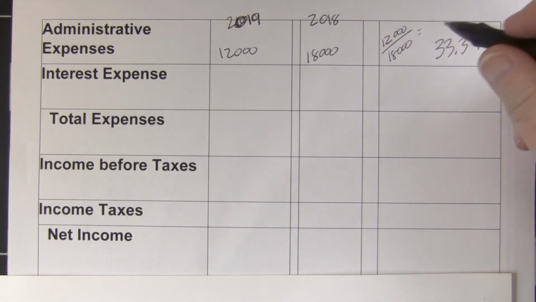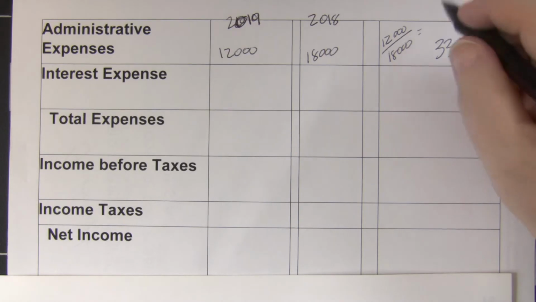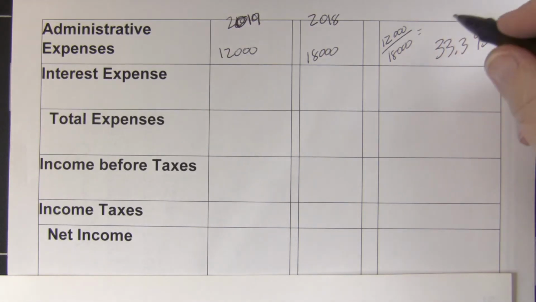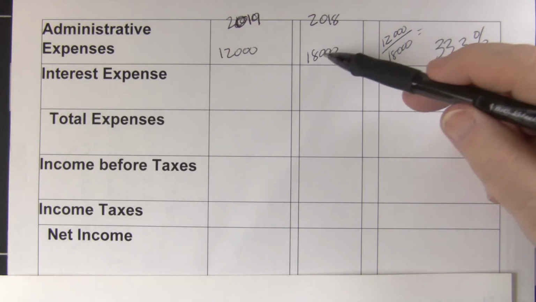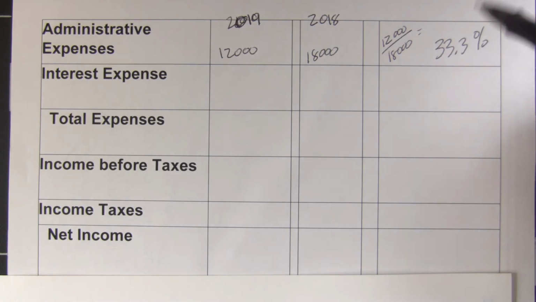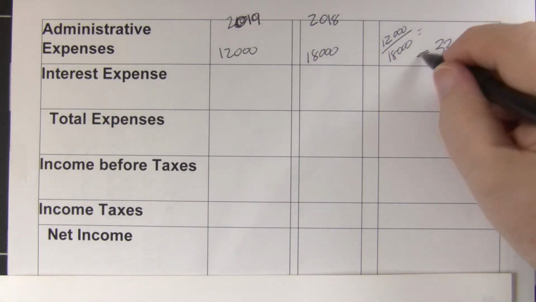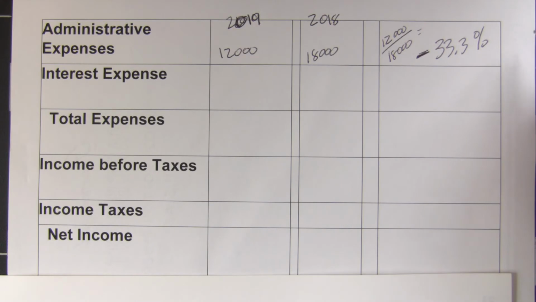On this one, I would take the minus 6,000. That would be the way I see it immediately. Take the difference, the minus 6,000 divided by 18. We come up with minus 33%, down 33%.